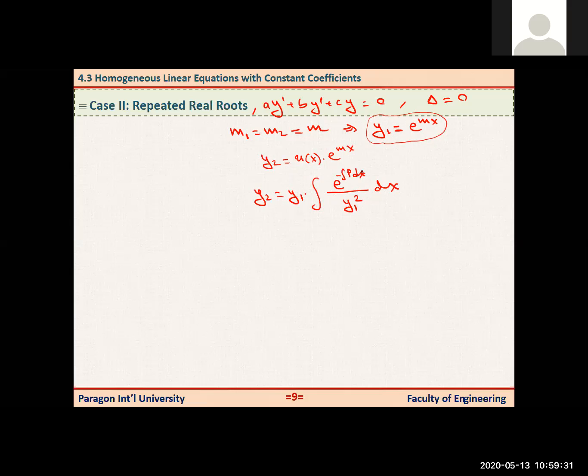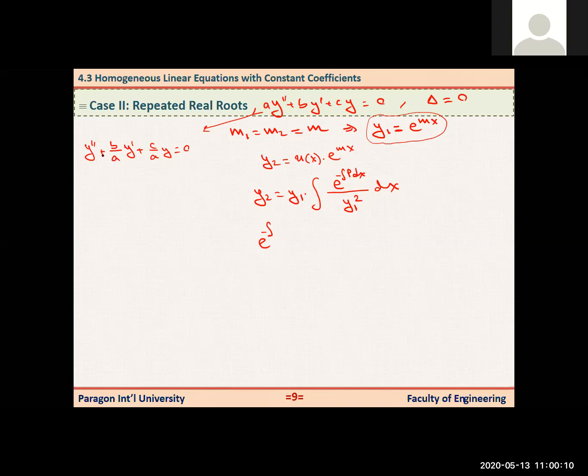And what is this integral? From here we can evaluate e to the power minus integral of p. And what is p here? Here p is b over a. Because if we write this in standard form, we have y double prime plus b over a y prime plus c over a y is equal to 0.